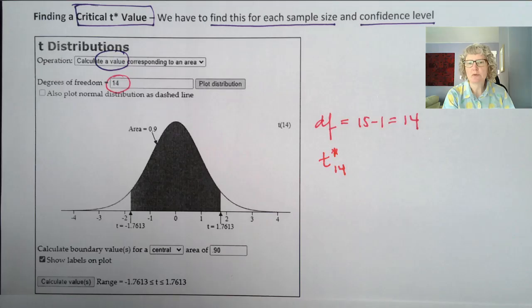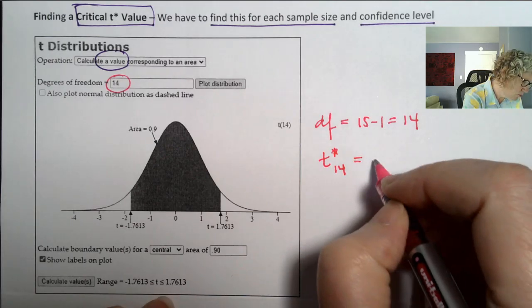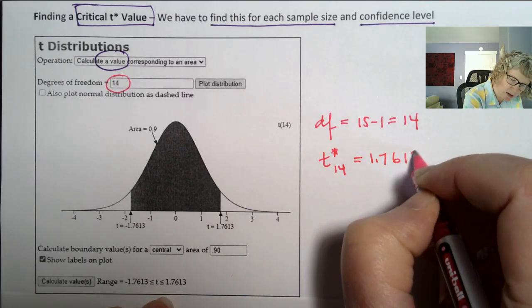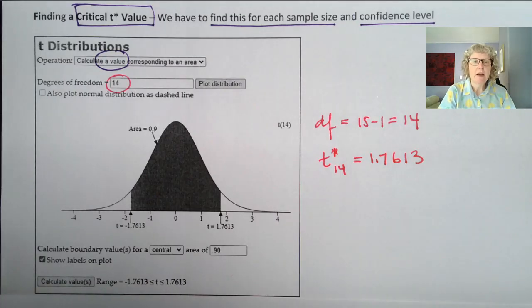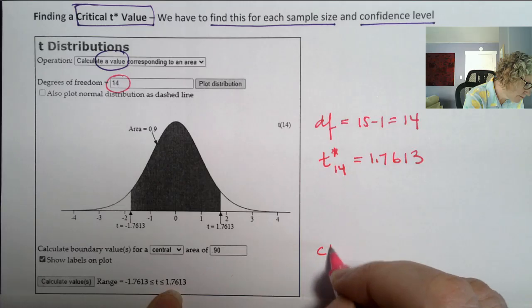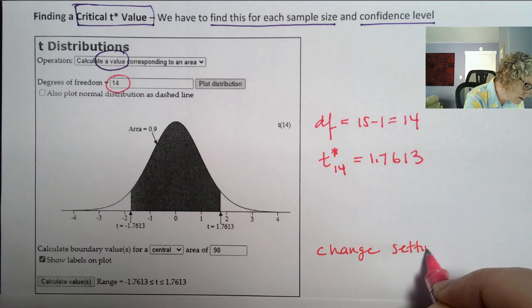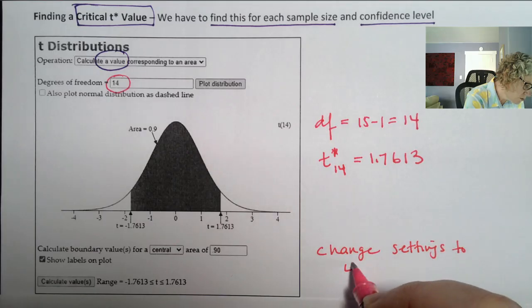I just put the 14 there for reference, because if we had 20 data values or 7 data values, that would change. So our T star 14 is 1.7613. Now as you're doing this, you might need to change your Statlet settings to 4 decimal places to get this exactly.